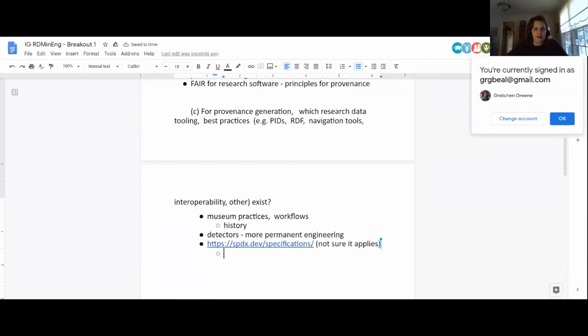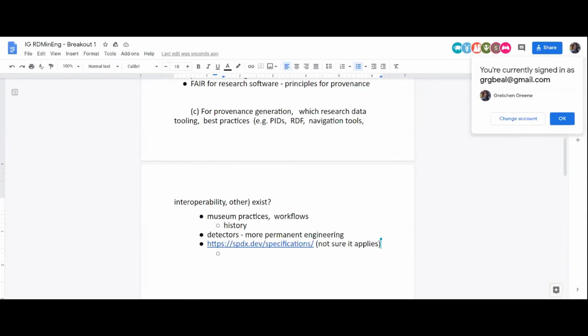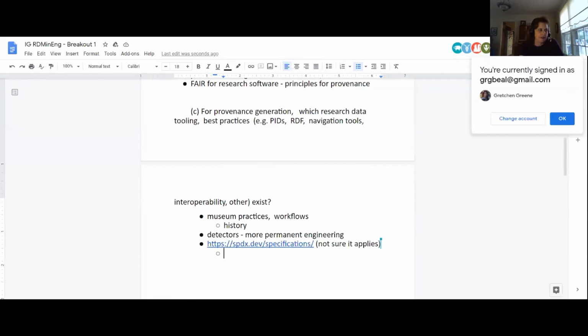I'm not familiar with the spdx.dev specifications. I was really impressed with the one use case out of the German Aerospace Institute that I had explored, how they actually designed for their provenance record.